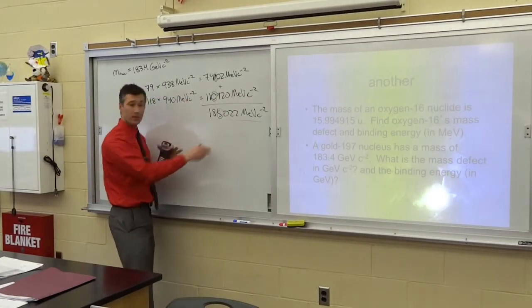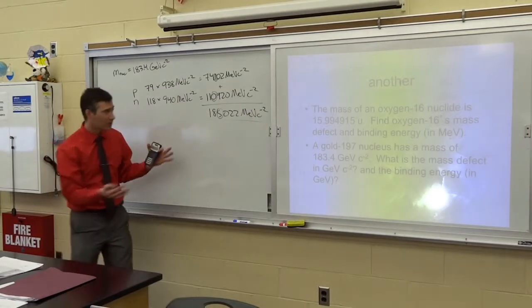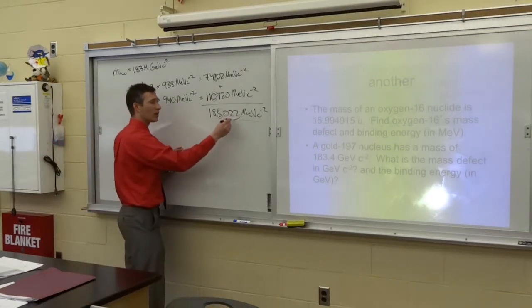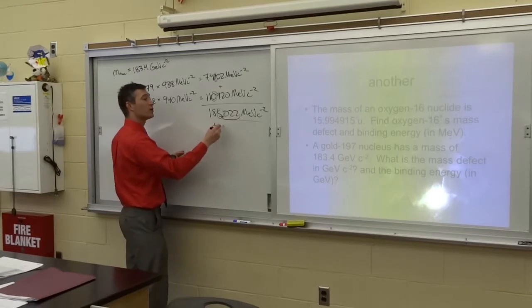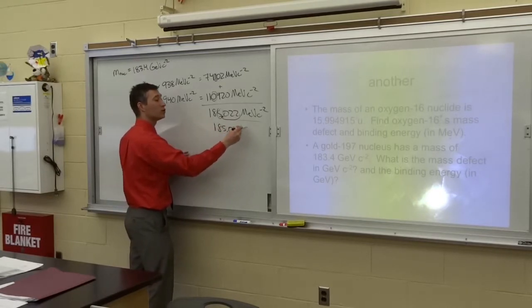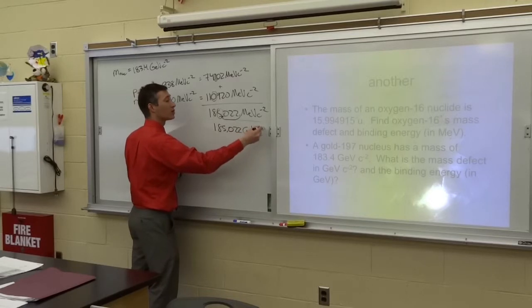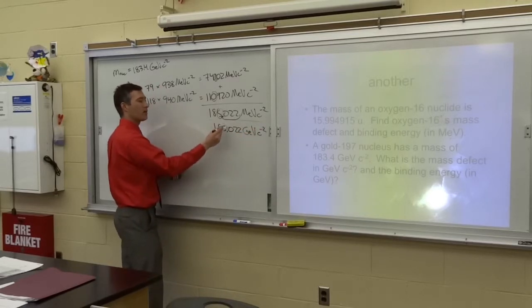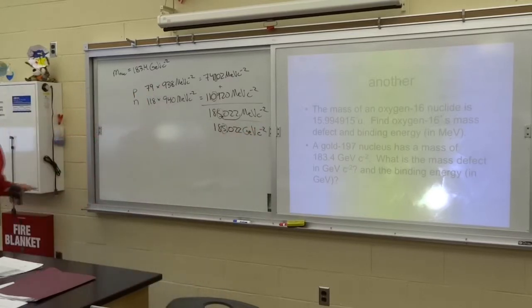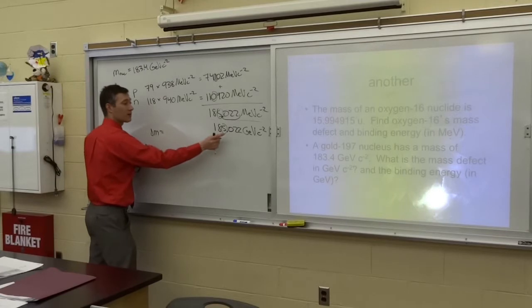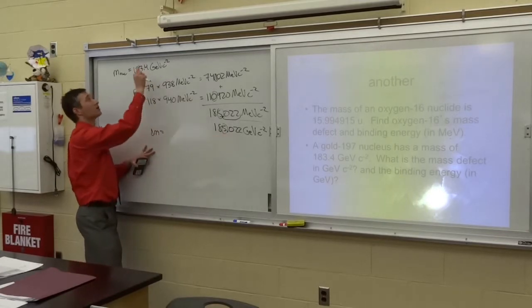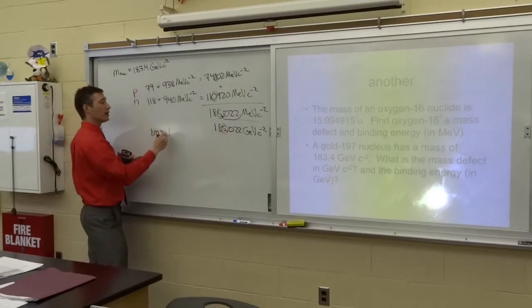So mega is 10 to the 6th, giga is just 10 to the 9th, so I'm just going to move this decimal point 3 places over to the left, which would be 185.022 giga electron volts per c squared. And that's actually only significant to the 1's place. So the mass defect would be that mass, right, minus the mass of the assembled nucleus.